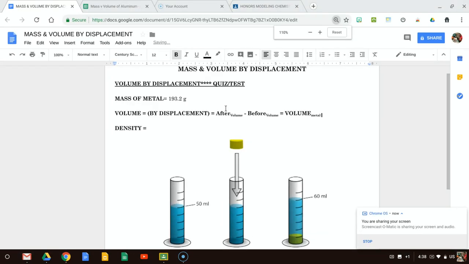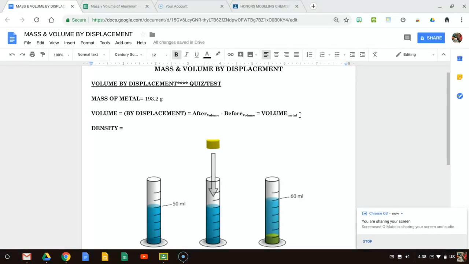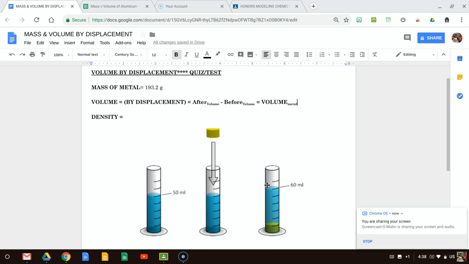Okay, and that's what we call volume by displacement. So my volume after was 60 milliliters, and my volume before was 50 milliliters, which means my difference, or my volume of my unknown metal by displacement, is 10 milliliters.